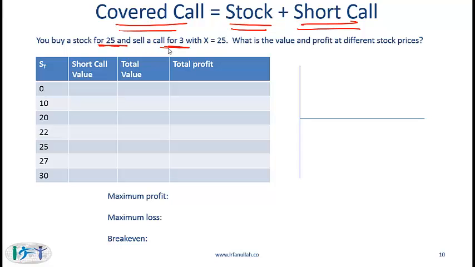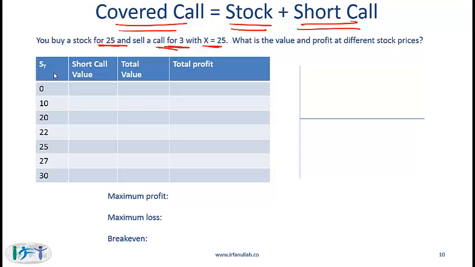So again, emphasizing the fact that this is a covered call. The call has a strike price of 25. What is the value and profit at different stock prices? And then what is the maximum profit, maximum loss, and break even? Now I'll try to have you do this first, and then on the next slide we will see the solution.